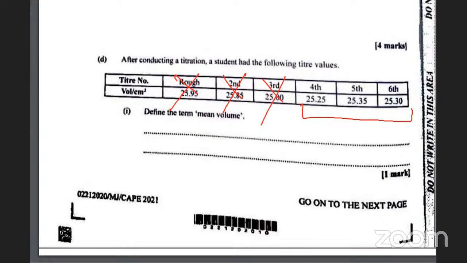And to get that, you would say 25.25 plus 25.35 plus 25.30, divided by 3, and you should get 25.3. So that is the average volume.